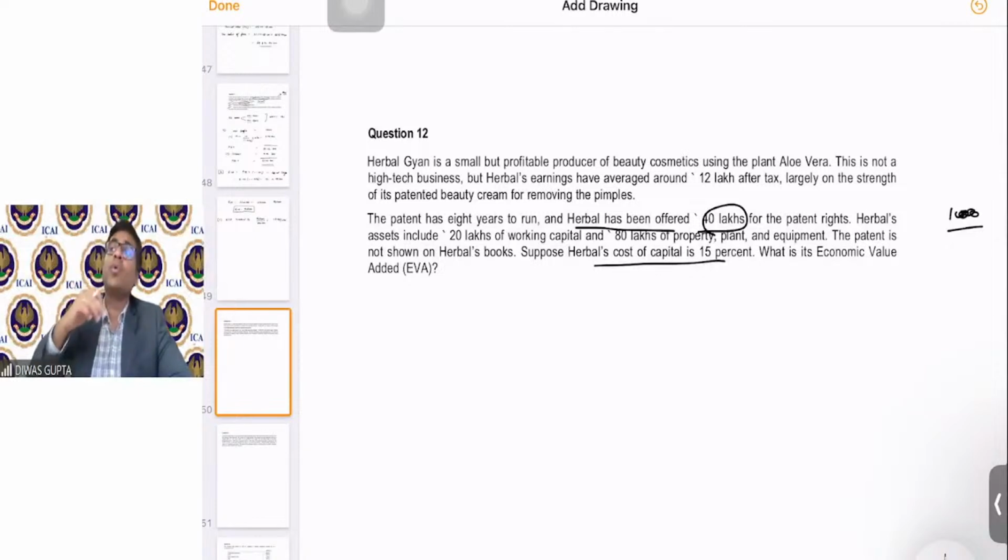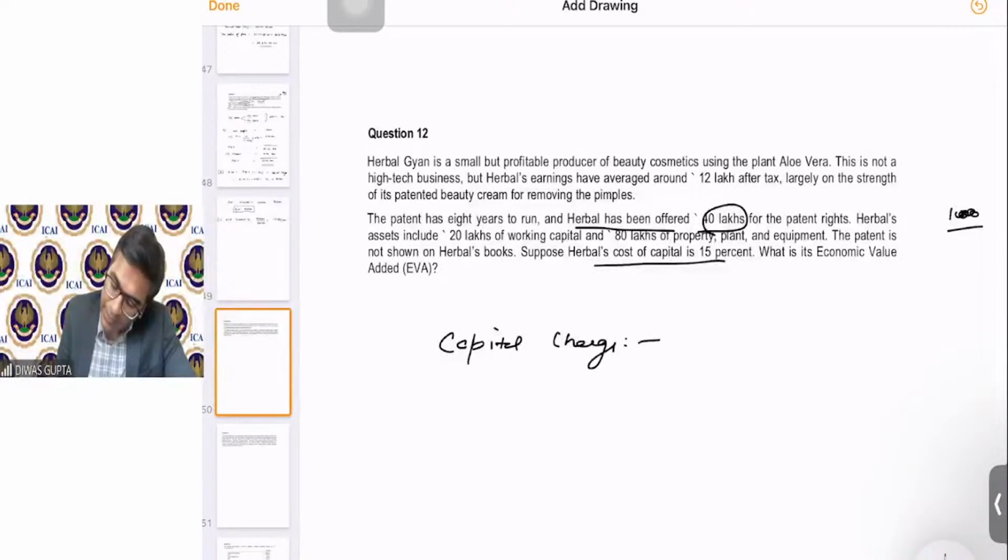Now, students, if you note that the capital employed is definitely, from one of the previous questions that we understood, we use the weights, or let's say the value from the market perspective. As I'm telling, what is capital charge in EVA? The capital charge is the expectation from the investors' side, right?